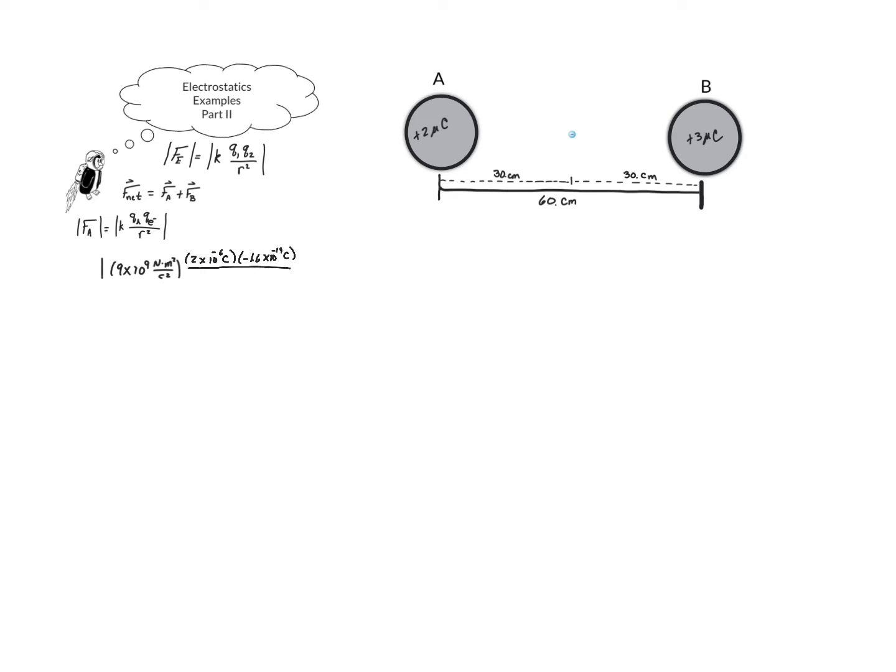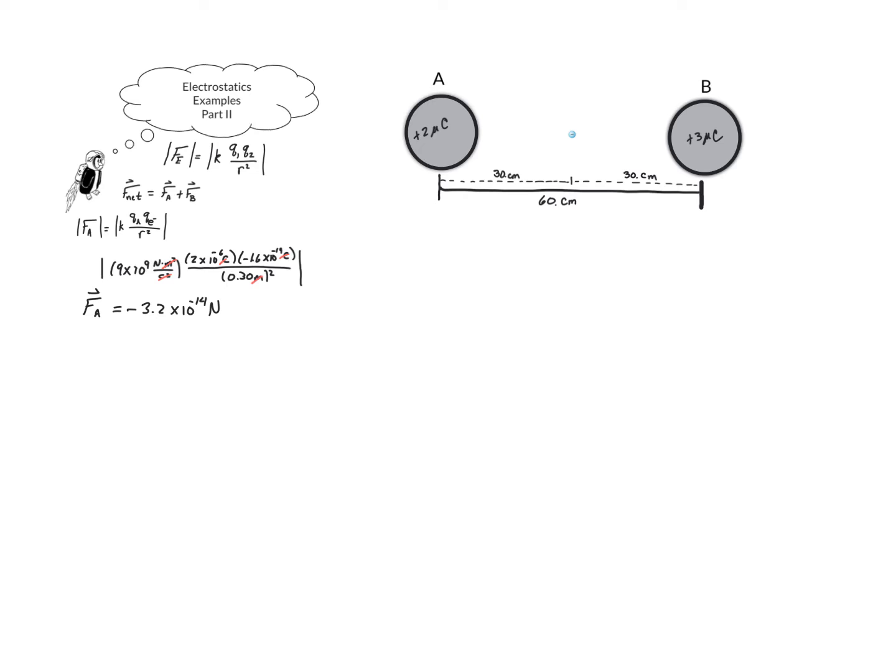All of that is over 30 centimeters, so I have to convert that to meters, or 0.30 meters, squared. Once again, all the units cancel out. Plugging in some numbers, the force from sphere A is going to be 3.2 times 10 to the negative 14 newtons. Now, sphere A wants to pull that electron to the left, so I'm going to give it a negative to give us the direction for this force.